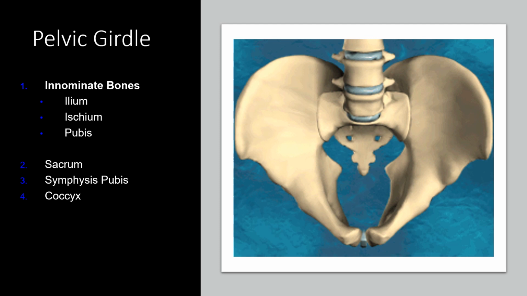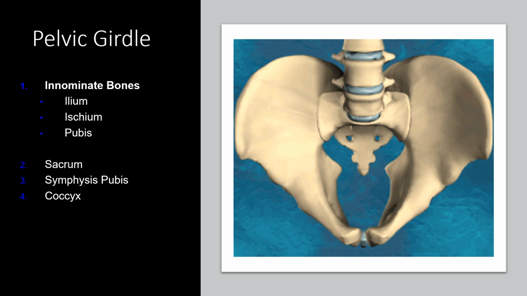But the pelvic girdle is made up of the innominate bones, the sacrum at the back, which is the triangle that we've already talked about, which is part of the vertebral column, the spinal column. The symphysis pubis is the little bit of cartilage that you can see. It's that little space between the pubic bones, or the pubis bones. It's called symphysis pubis, and this cartilage allows a little bit of flexibility and space to occur there in childbirth.